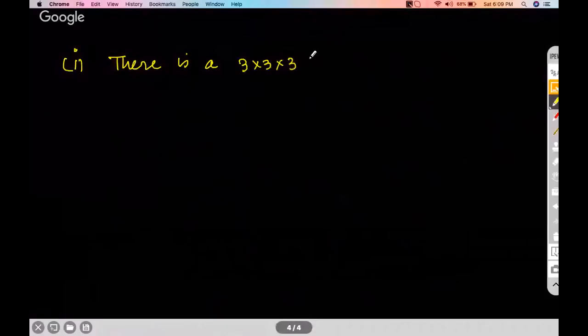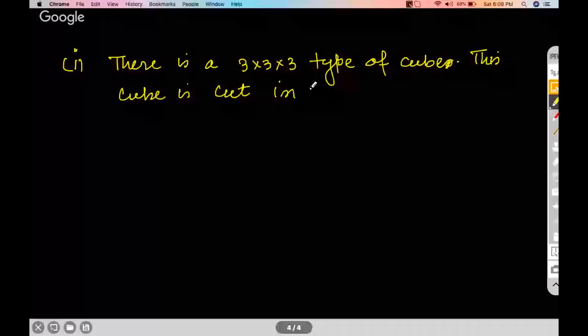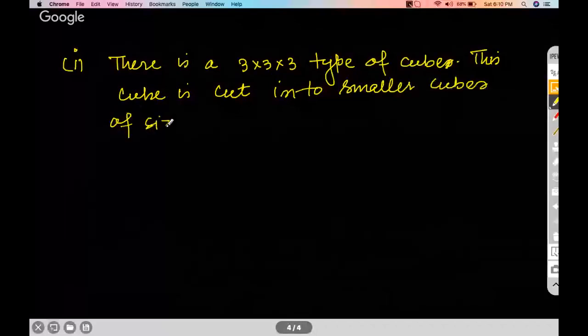Now I'm giving directly a question, and the question is, there is a 3 into 3 into 3 type of cube, and this cube is cut into smaller cubes of size 1 into 1 into 1.